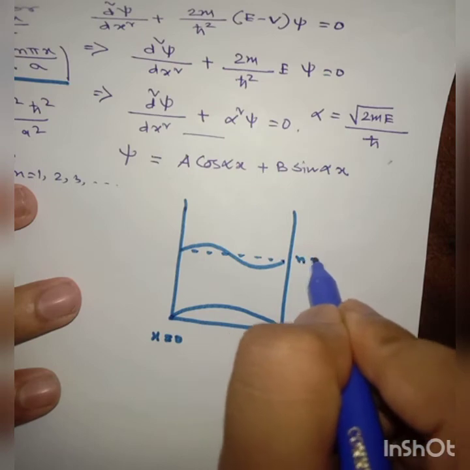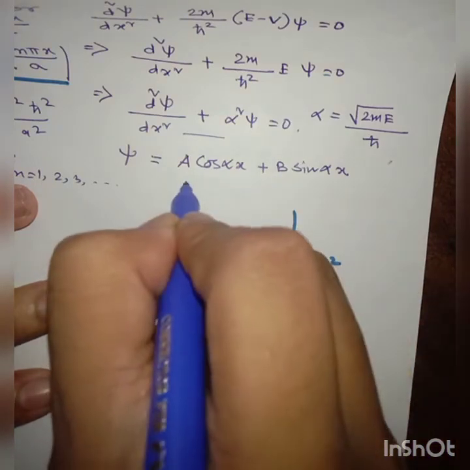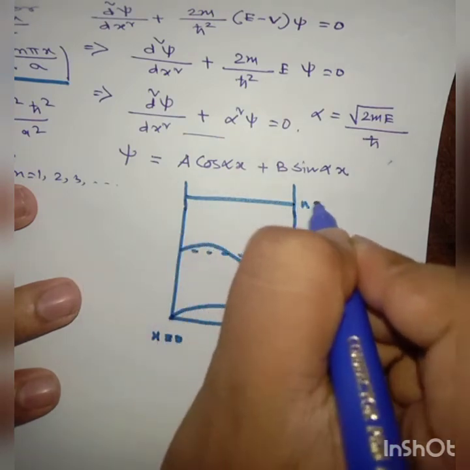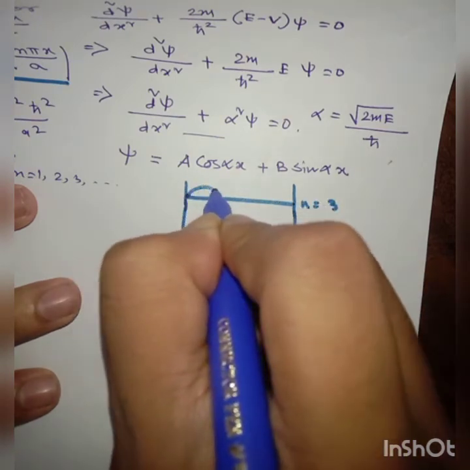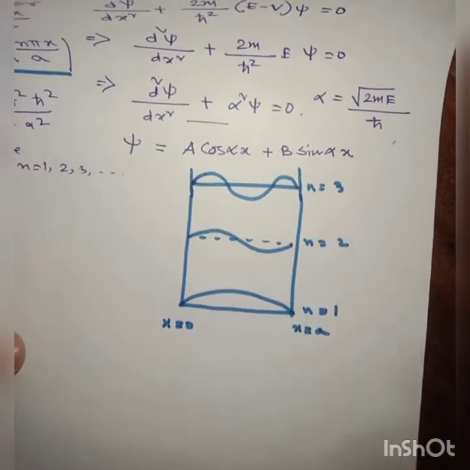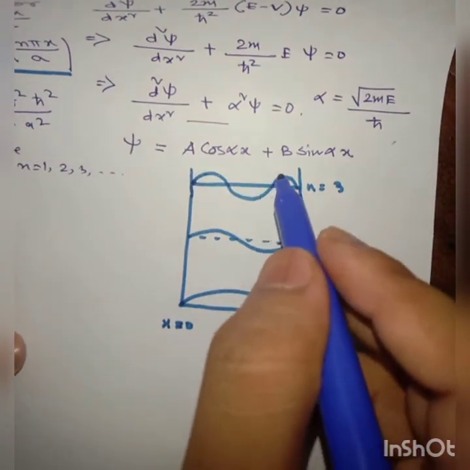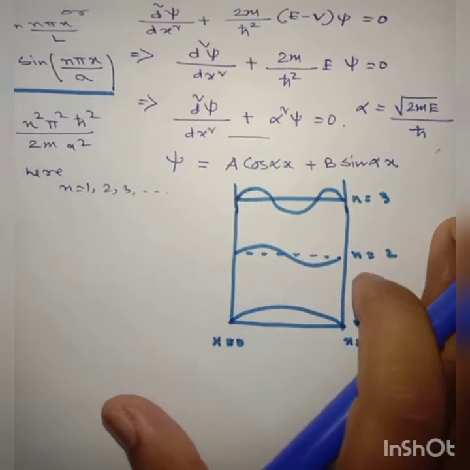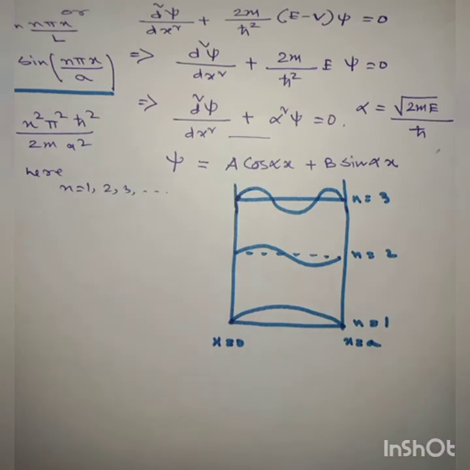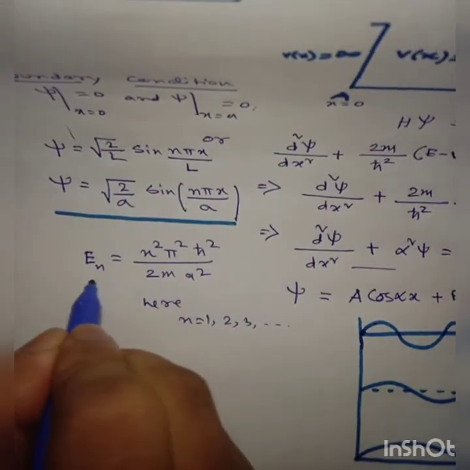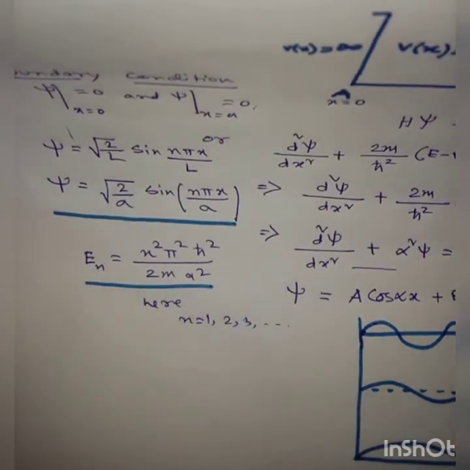This is for n equals 2, and for n equals 3, this is for n equals 3. So these are the behaviors of the wave function of a particle in a one-dimensional potential box, and these are the above energy values of a particle.